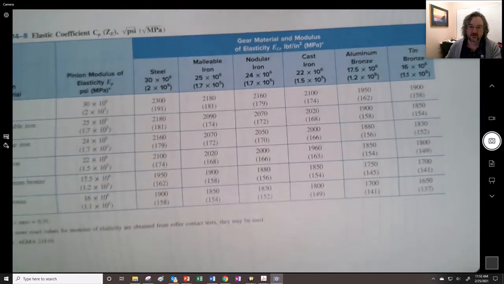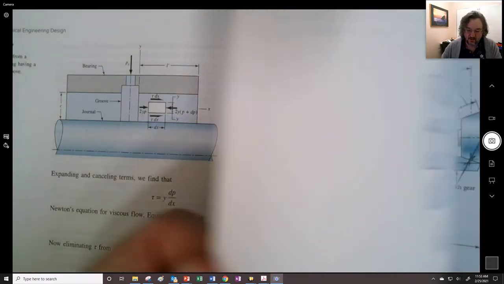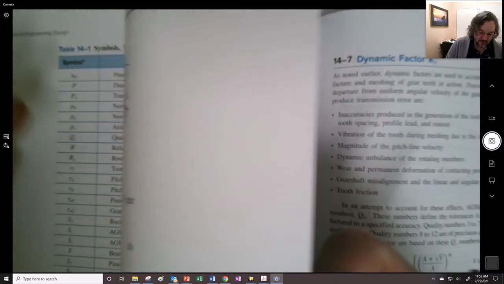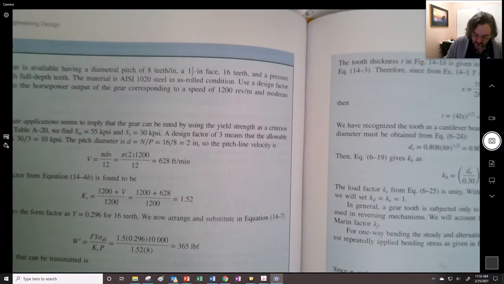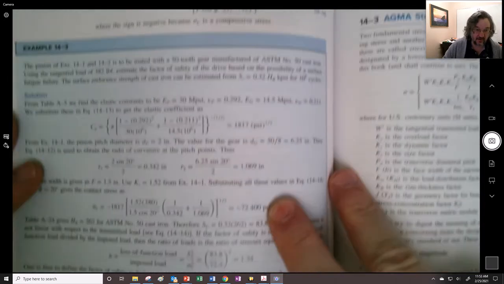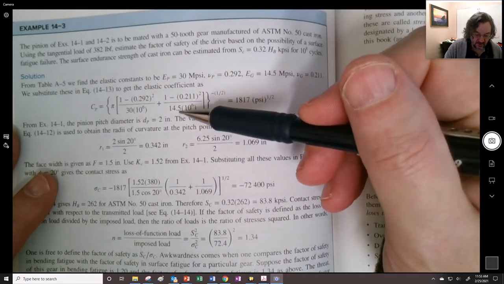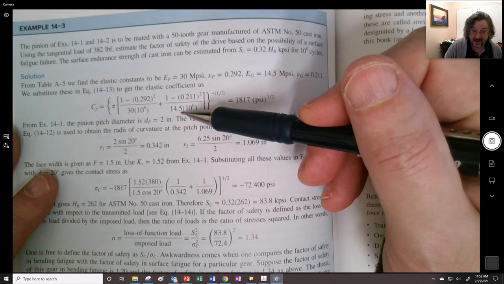Whereas if you go to this example that we have, example 14.3, which we're covering right here, and I'm specifically walking through these examples to let you be aware that we have these issues, you'll see that they used the 14.5 here for the cast iron.